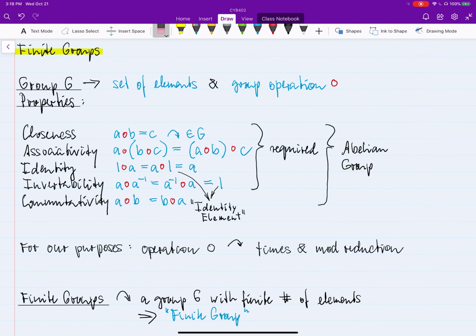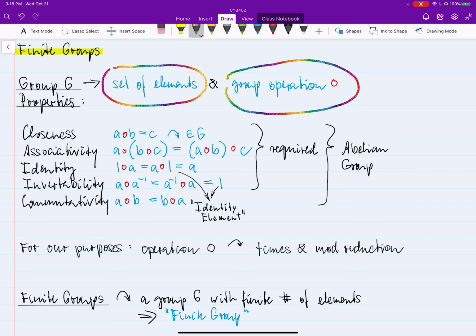So we talked about groups before, and remember that groups, the way we are going to use them in cryptography, always have a finite number of elements, for one. And in general, a group is a set of elements, and we can apply a group operation on that set of elements.